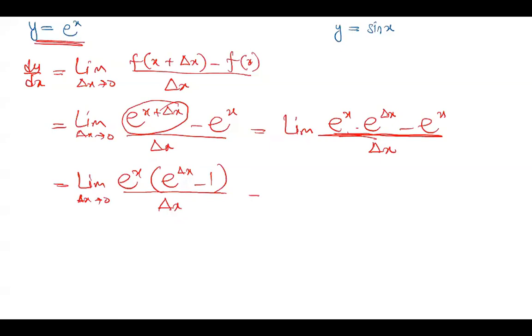Let me take e to the power x outside. And we can apply the limit as delta x goes to 0 of e to the power delta x minus 1 over delta x.